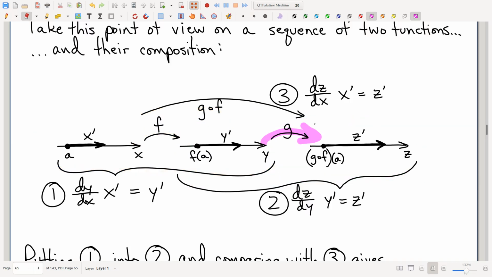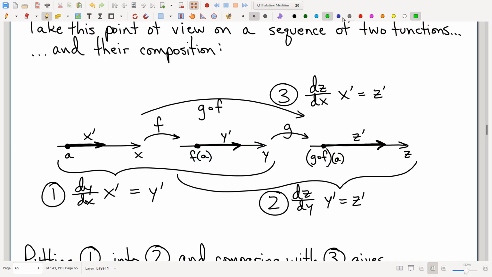Then we can ask a very reasonable question, which is, all right, well, what's the relationship between these three different velocities, right? If x is moving at a certain velocity, well, then y will be moving at a certain velocity, which means z will be moving at a certain velocity. And we're interested in the relationships between all three of these velocities. Okay, fine. Well, here's the thing.